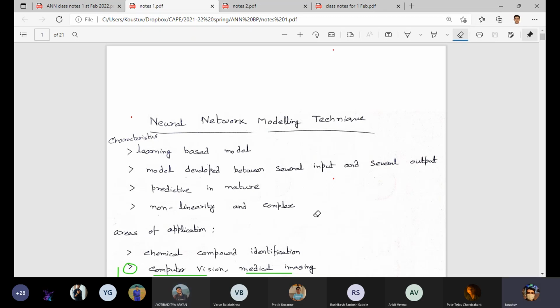It is basically based on learning of a particular data set. We perform more and more learning operations so that if a similar data set is encountered, we can produce similar results as we have encountered earlier. Okay, thank you. Let me see if others are.